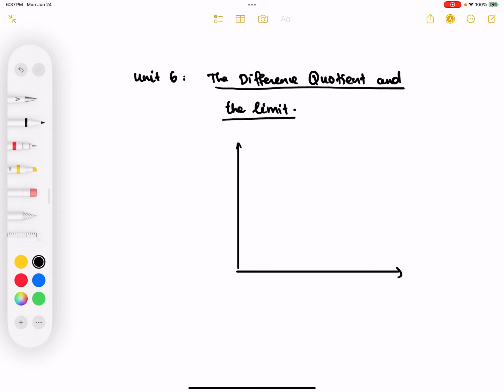All right. So assume that this is the graph of, let's say, f of x. Now, for example, we start from a and a distance h, then this becomes a plus h, right? If you just walk h distance from a, the coordinate becomes a plus h.